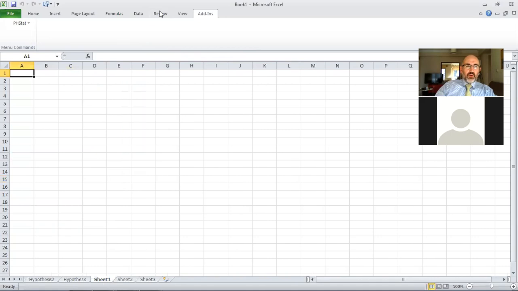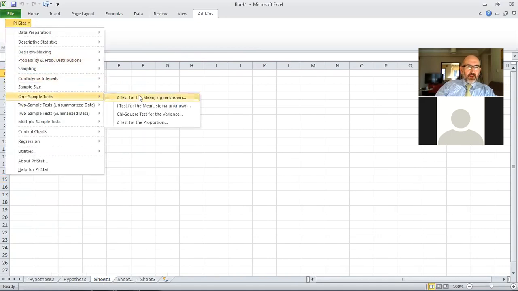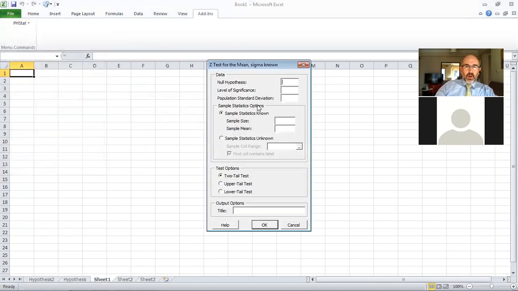Now let's do the upper tail to finish this off. Let's enter again 30, 0.05, and 0.8. Sample mean was 29.84. Sample size was 100.